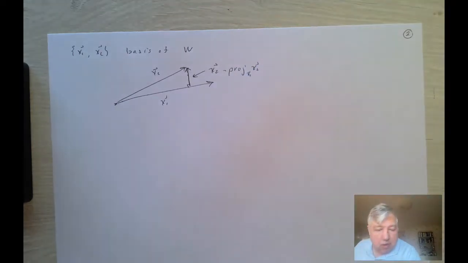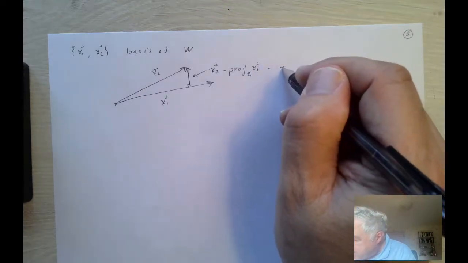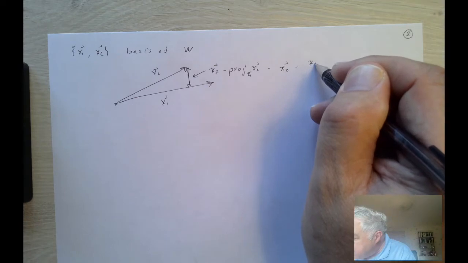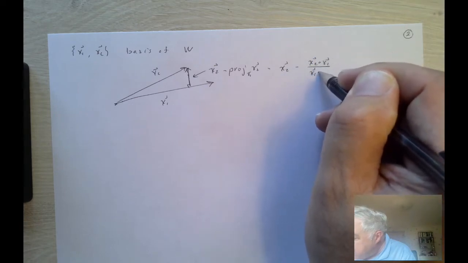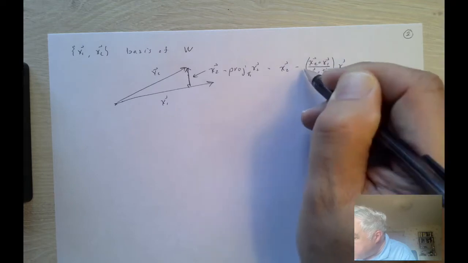And we know that this is just going to be x2 minus the dot product x2 dot x1 over x1 dot x1, times x1. Okay.